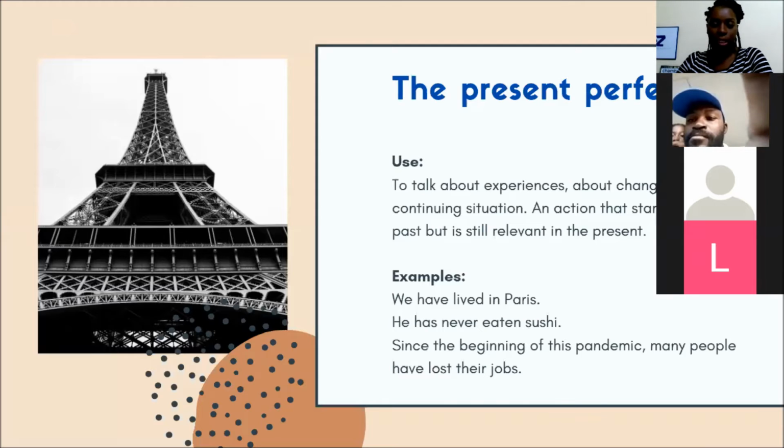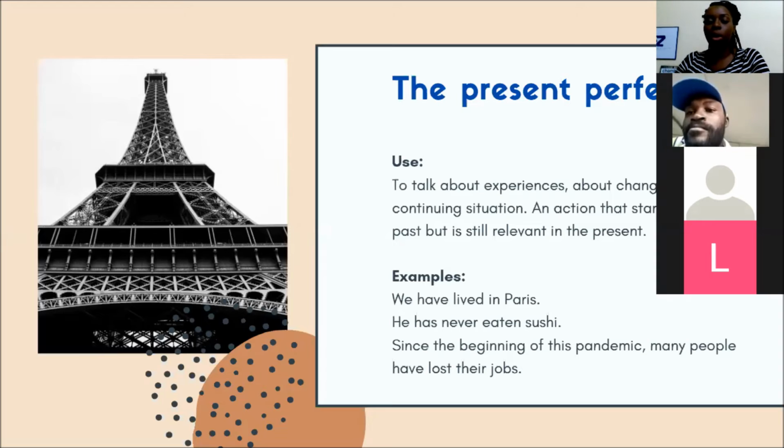You can say, for example, since the beginning of this pandemic, many people have lost their jobs. It started in the past, but it's still relevant today. Since March, because of COVID-19, people have lost their jobs. They have lost their jobs, and today they still don't have jobs because of the pandemic.